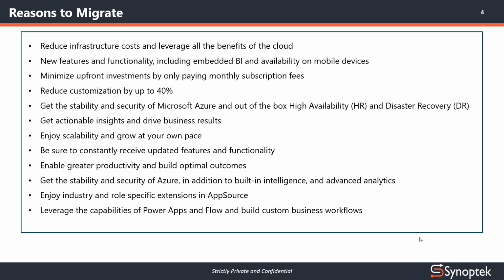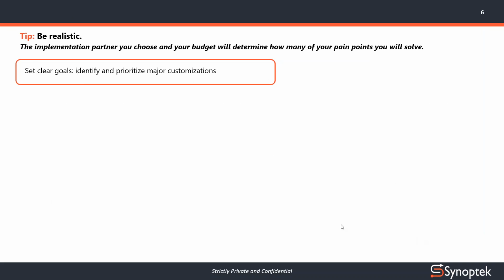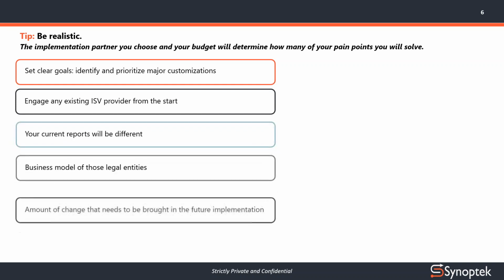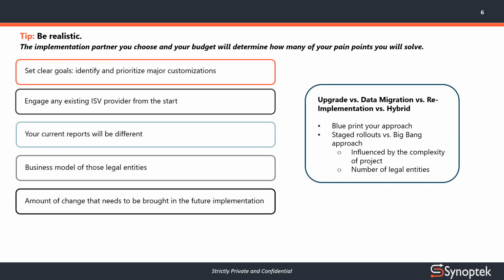Now we move on to defining your scope. Be realistic. The implementation partner you choose and your budget will determine how many pain points you will solve. Set clear goals, identify and prioritize major customizations, and engage any existing ISV provider from the start.